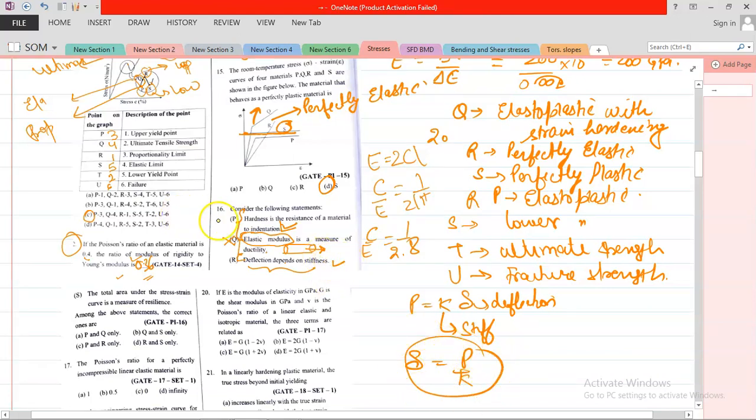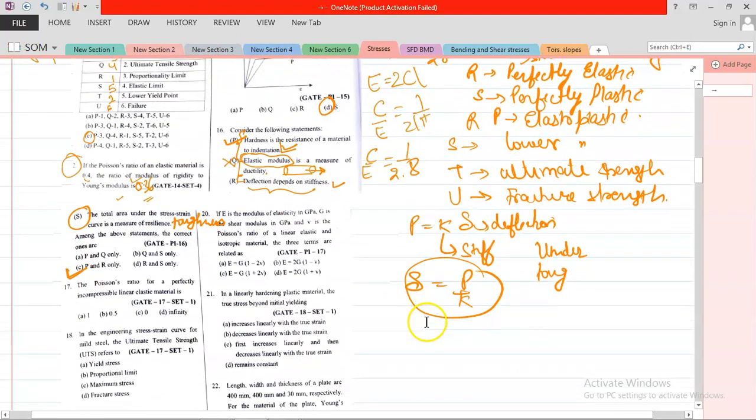So P is correct, R is correct, and your S: the total area under the stress strain curve is a measure of resilience. No, the total area under the stress strain curve is a measure of toughness. So the only correct options are P and R. Now what is the area under resilience?